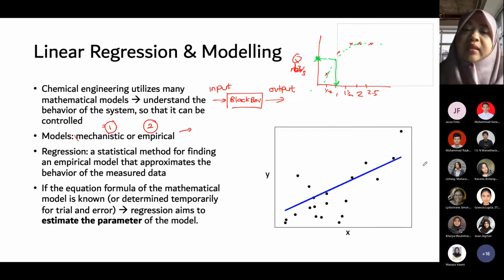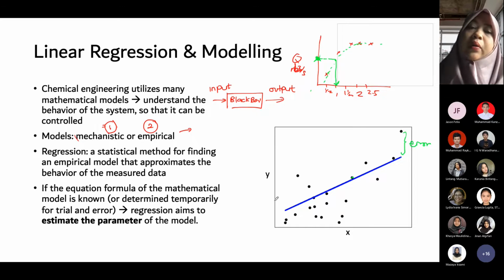So if you check around this point, we have a result very close to the model. So the model can predict this data. But in this one here, this is the model and this is the data, so this one is the error, or the difference between the predicted model and the experimental data.